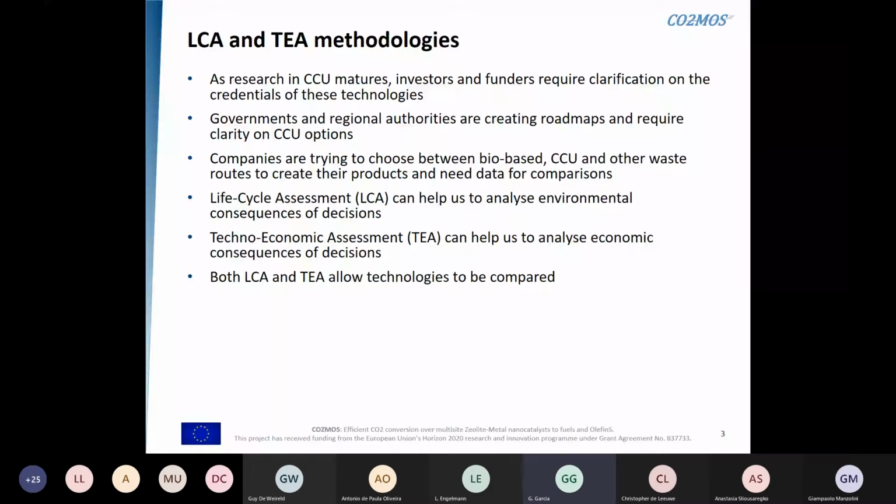To analyze environmental consequences of decisions, we can use the Life Cycle Assessment, LCA, methodology. To analyze economic consequences of decisions, we can use the Technoeconomic Assessment, TEA, methodology. And they both can be used to analyze effects of implementing CCU solutions and also compare them with current scenarios.